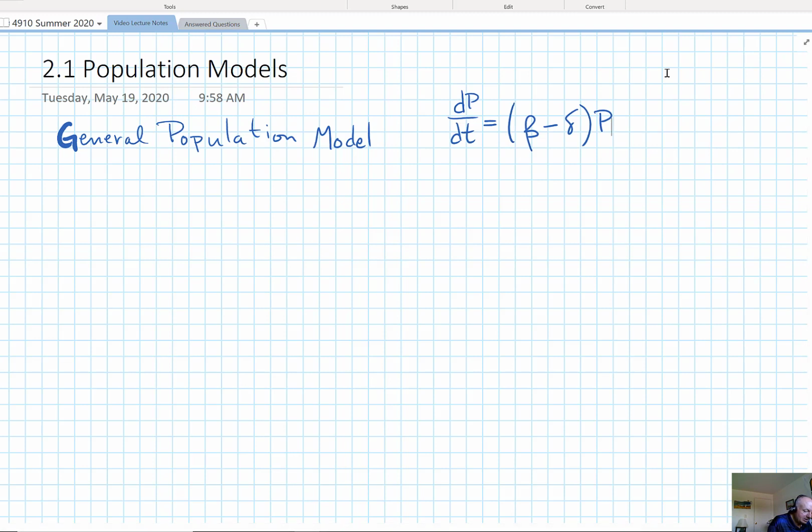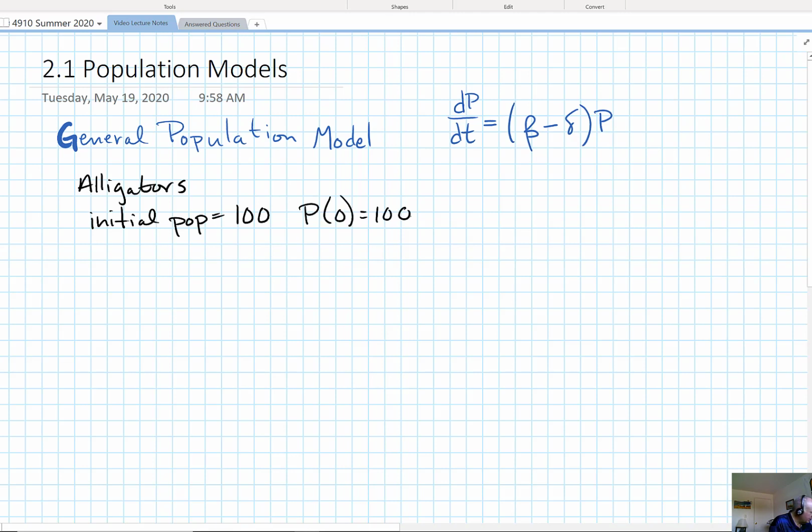So if we look at this problem, we've got alligators, and they start off with an initial population equal to 100. That means P(0) is 100, so there's our initial condition.